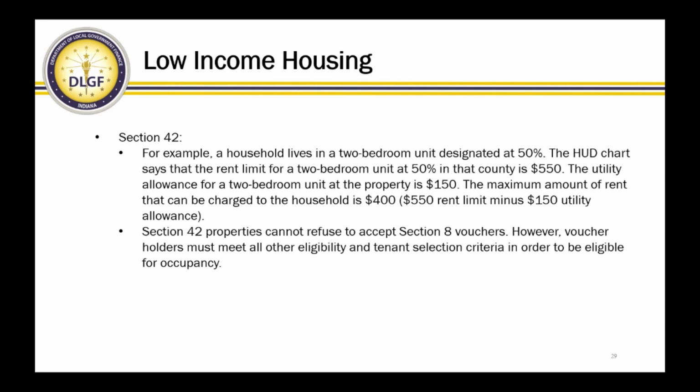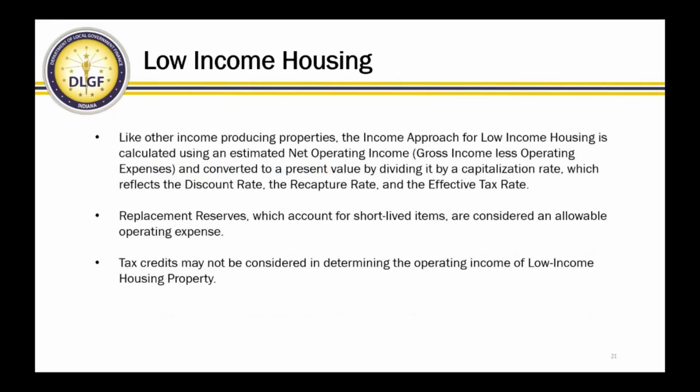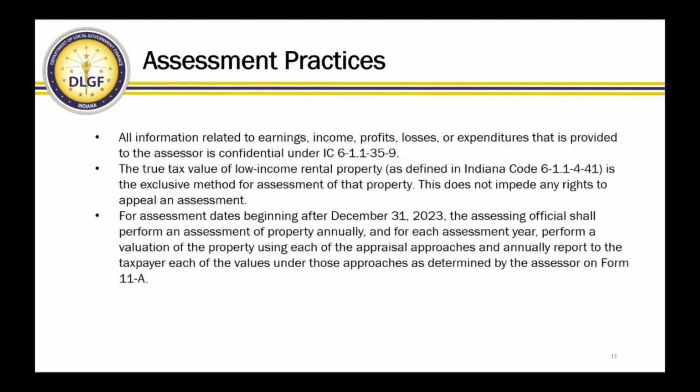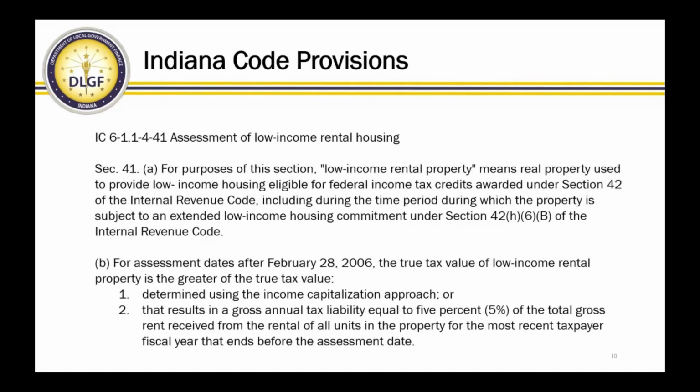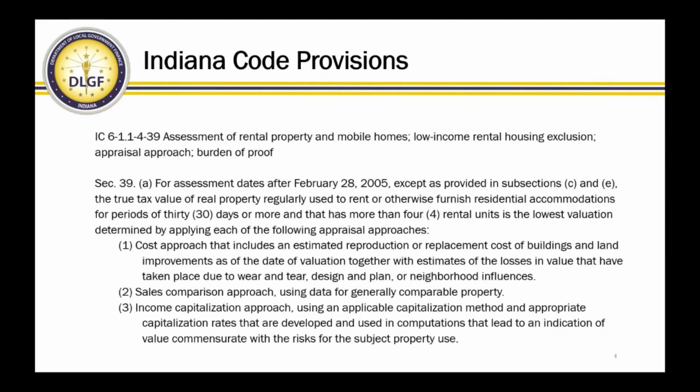Here we have, with the apartments, is it more than 4 or 4 or more? Okay, that's a good question. In 6-1.1-4-39, when we started, I stated that you can see in paragraph A that it states to rent or otherwise furnish residential accommodations for periods of 30 days or more, and that has more than 4 rental units.